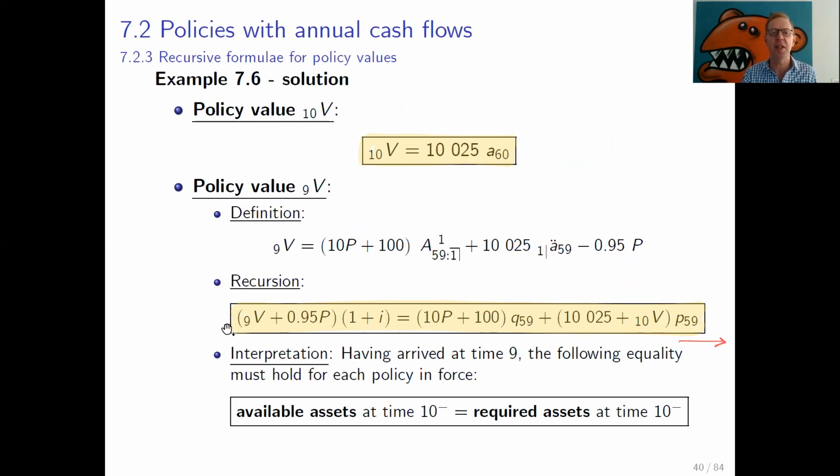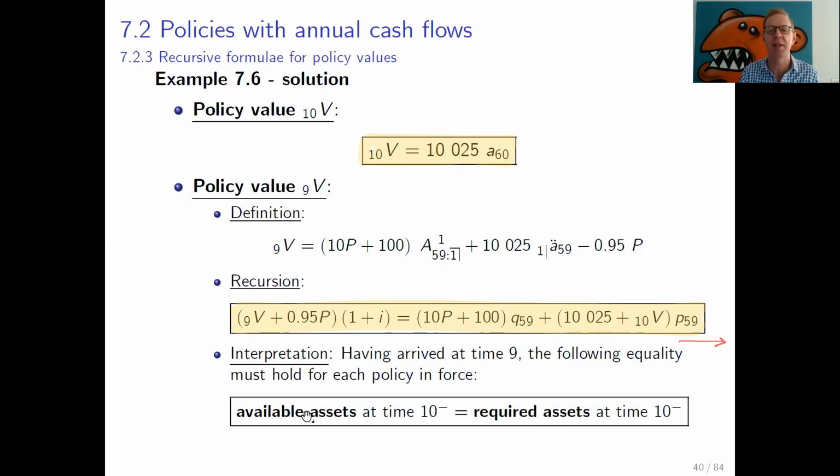And the interpretation is again the same. If we have arrived at time 9, the following equality must hold for each policy in force. What will be available at time 10 minus must be equal to what will be required at time 10 minus, or what is required in expectation. So let us have a look at the available assets.